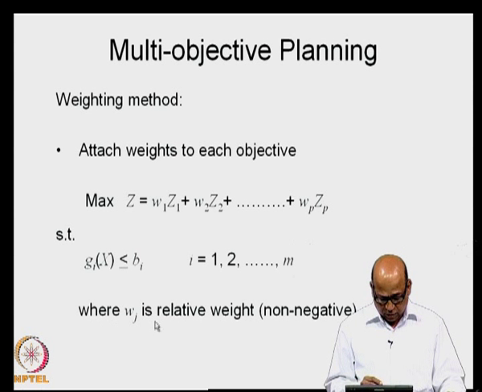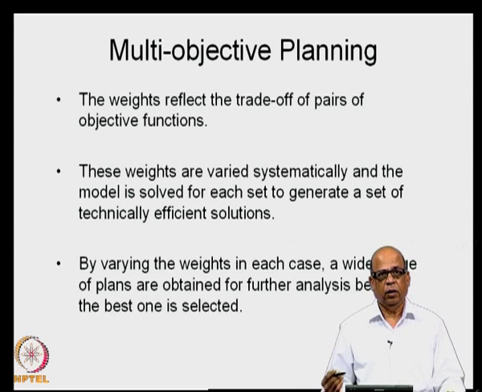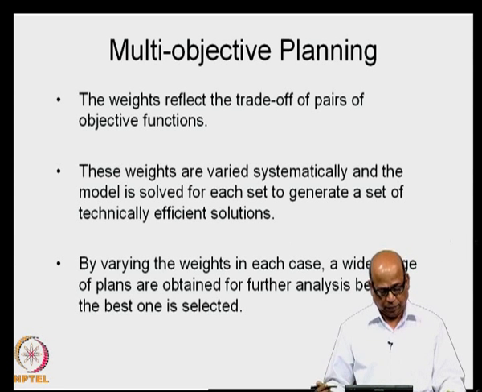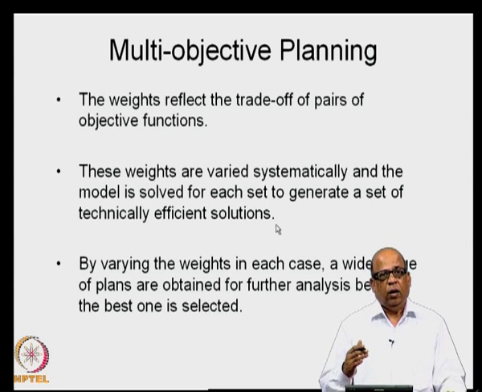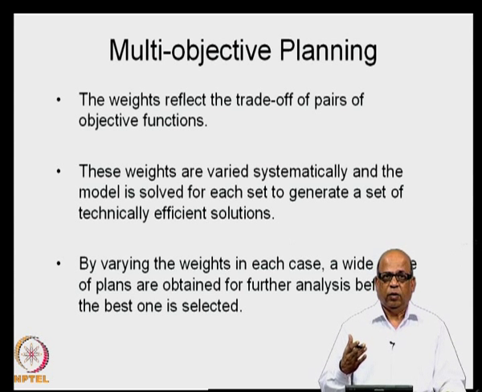Now, the weights W_j are actually relative weights, and they should be non-negative. We assign non-negative weights and write this as a maximization problem. The weights actually reflect a trade-off between different objectives. That means your preferences for different objective functions are decided by the weights. Typically, in multi-objective problems, we will not aim at one single solution.